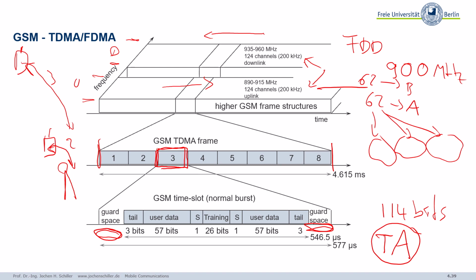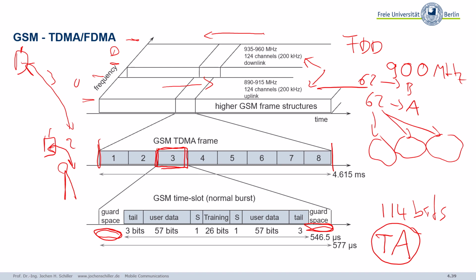But for example, at the coastline, you can easily double the maximum distance up to 70 kilometers because you don't have that many customers, subscribers there. So that means you set time advance again to 0, and your data will be received by the BTS in the following time slot. That means more or less the wrong time slot, but if this is empty and the system knows this, you can double the distance. So that's one of the ideas how you can extend the distance if the signals are still strong enough.